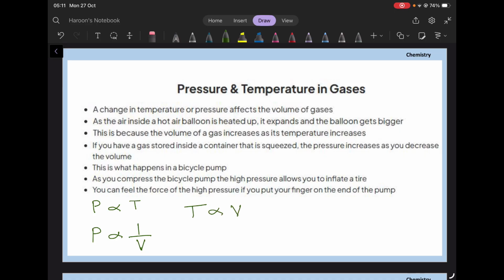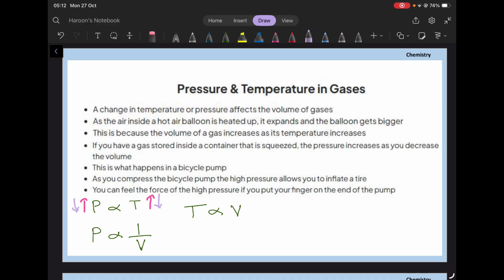Now, what do we mean by direct or inverse relationship? A direct relationship means when one thing increases, that causes an increase in the other value as well. So for the pressure and temperature relationship, when temperature increases, that would cause an increase in pressure, and when temperature decreases, that would cause a decrease in pressure as well.